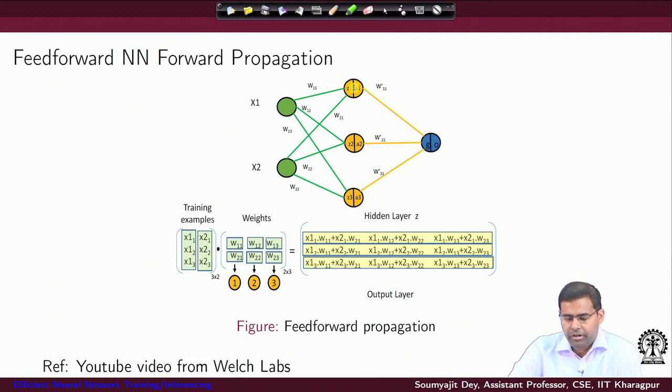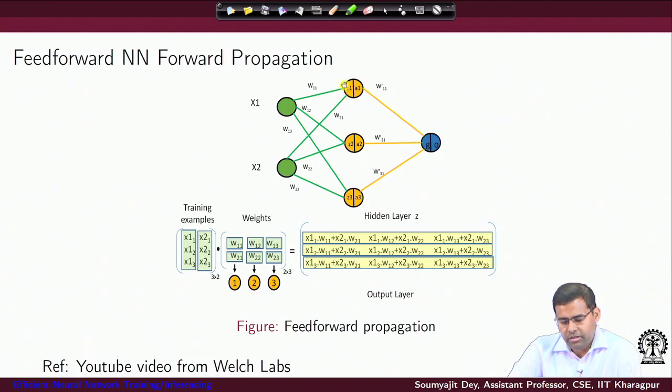So, at each point here you are receiving values like this. Let us say x11 gets multiplied by W11, and then you have x21 getting multiplied by W21, and they are getting summed up here, and then after activation it is going to move on here, right. Similarly, if I look at the other points, like x11 getting multiplied by W12, and I consider the other combination of x21 getting multiplied by W22, and it is getting received here.